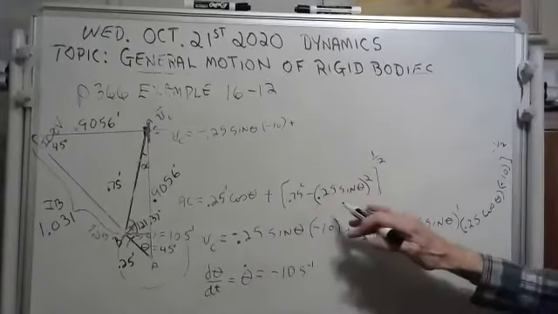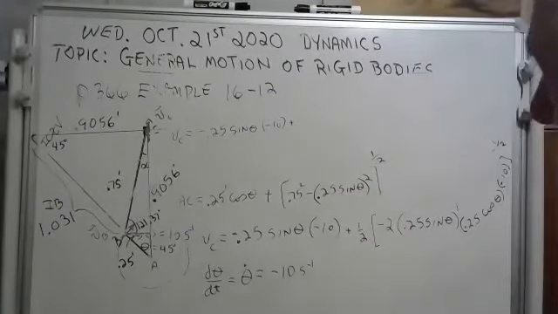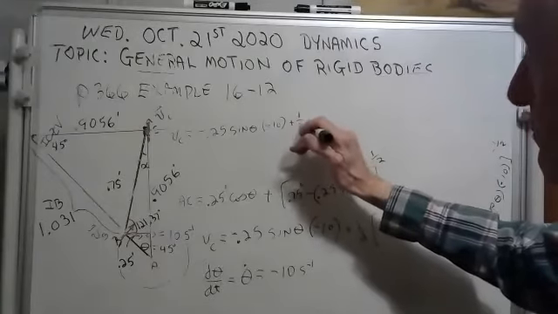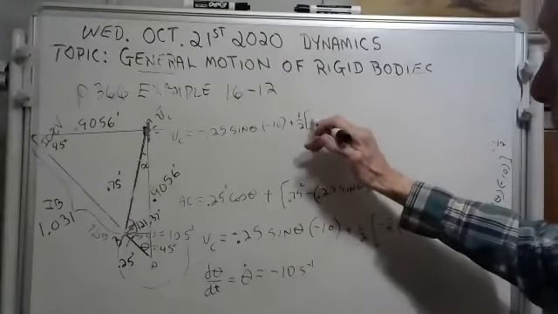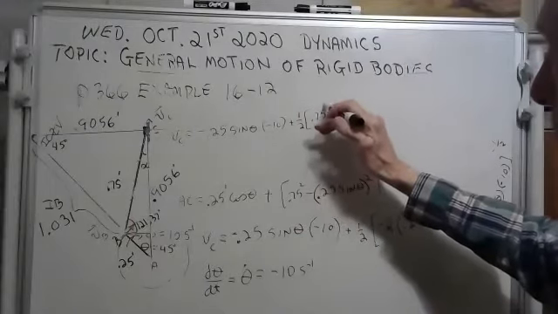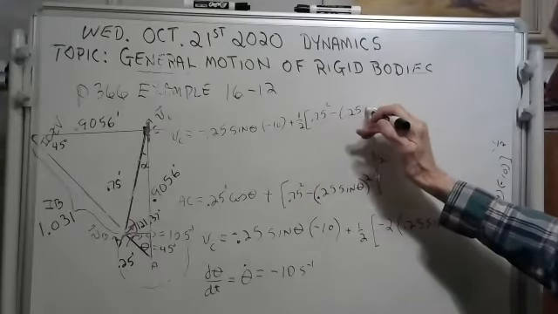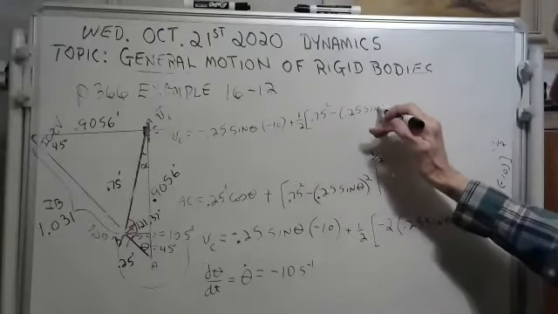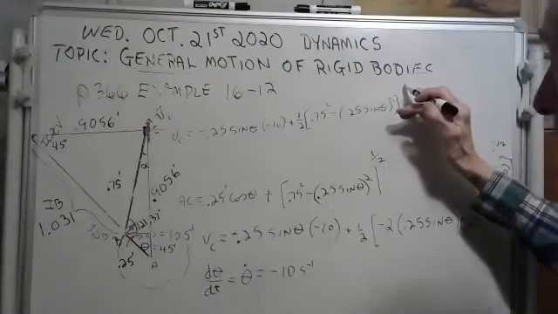And then here's where I fouled up. I think what you have to do is go 1/2 times all of this stuff, 0.75 squared minus 0.25 sine of theta squared, to the minus 1/2.